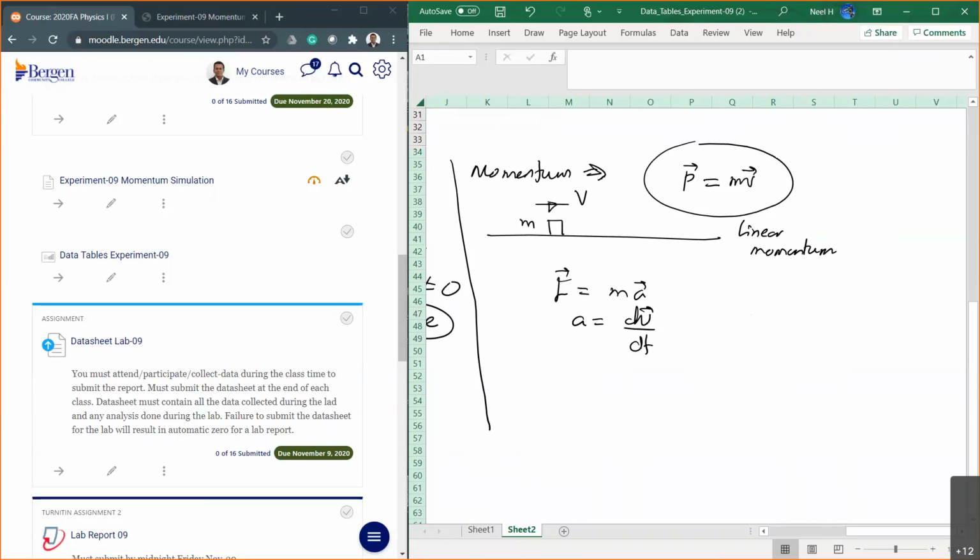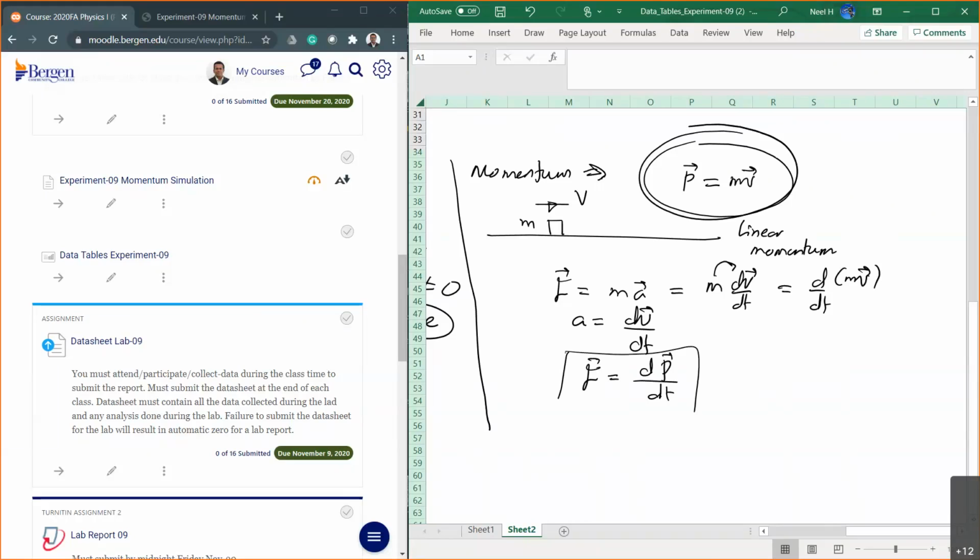So I can write force is equal to mass times the rate of change of velocity. If you bring the mass inside, this is the rate of change of the product mv. The product mv is the momentum. So we can write force is actually dp over dt. So force is actually the rate of change of momentum.